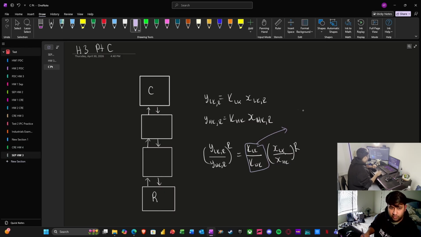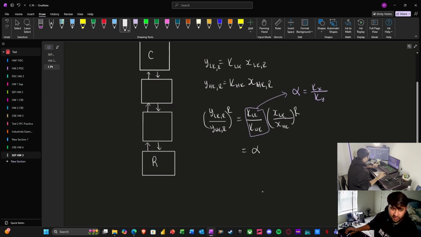If we recall that relative volatility is equal to Kx over Ky, in this case this is going to be x, this is going to be y. So we can just sum this to our alpha value, but for the sake of this problem, it's going to be in terms of our heavy key.